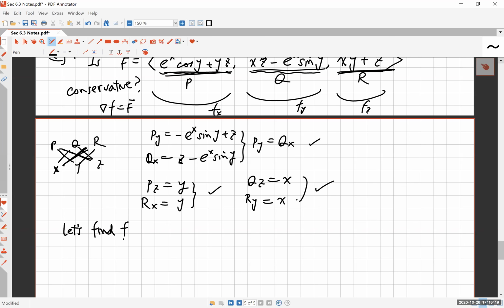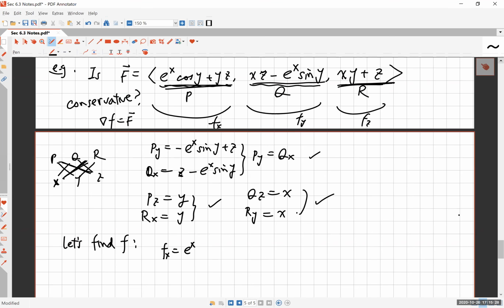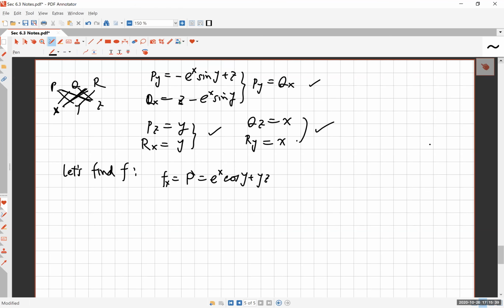Let's find this lowercase f, the antiderivative, the potential function. Remember, fx has to look like P. Okay, fx must be P, which is e to the x cosine y plus yz. This is after you take the derivative with respect to x.